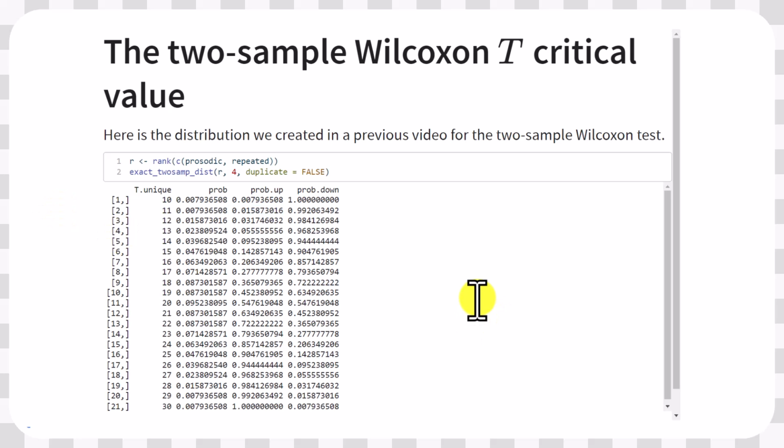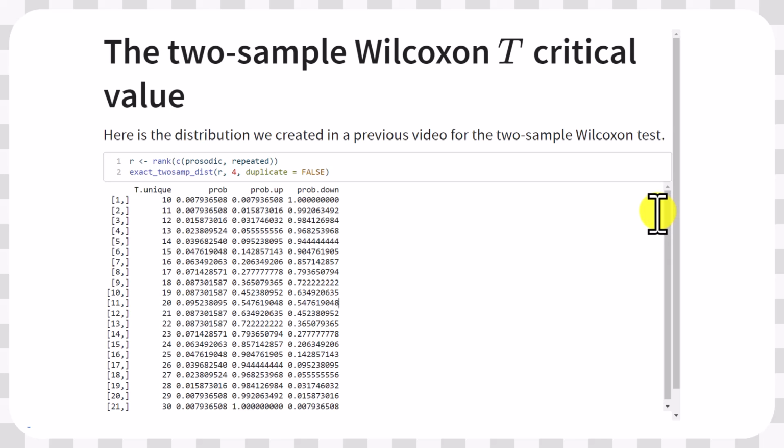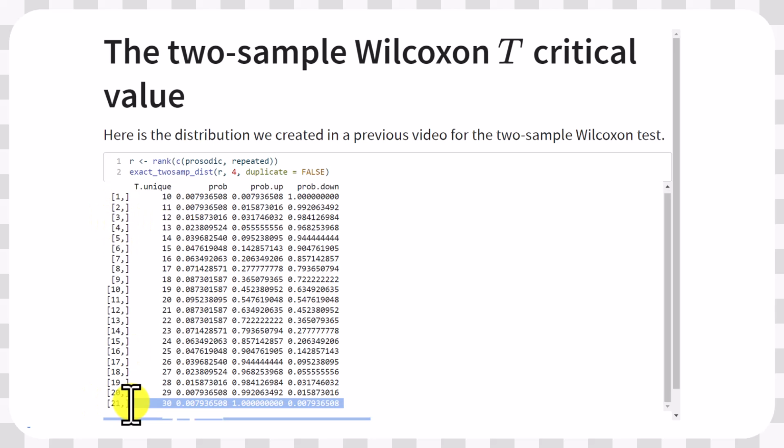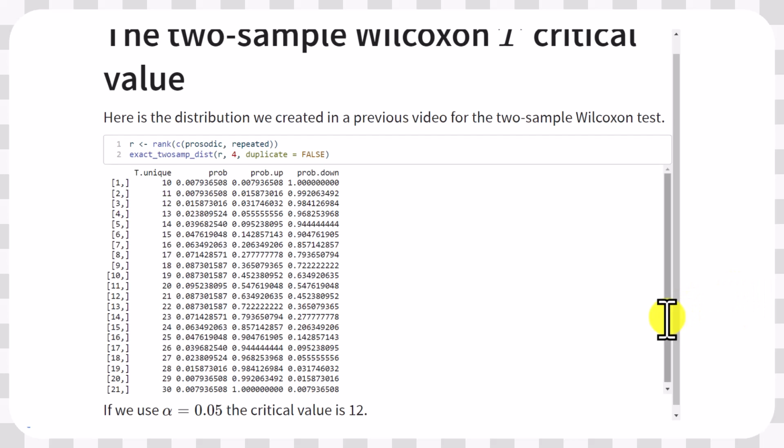But what I'm interested in now is the critical value. So there's a couple things I want you to pay attention to here before I move on to the next slide. 2 things in particular. 1, how many unique values of t do we have? Well, notice that R has actually given us the numbers here on the side, and you see there are 21. I'm at the very bottom here of the distribution. There are 21 unique values of t. So that's the first thing I want you to keep in mind.